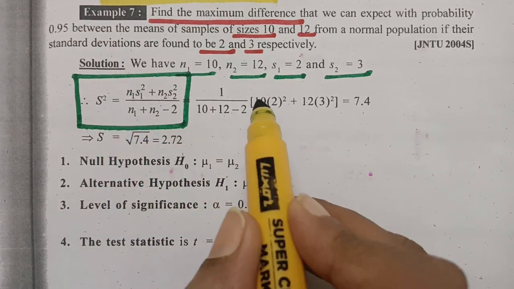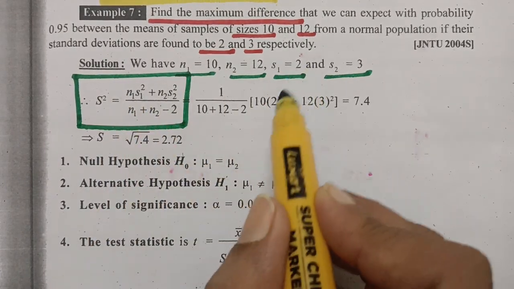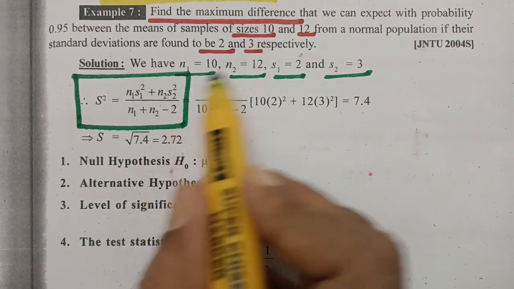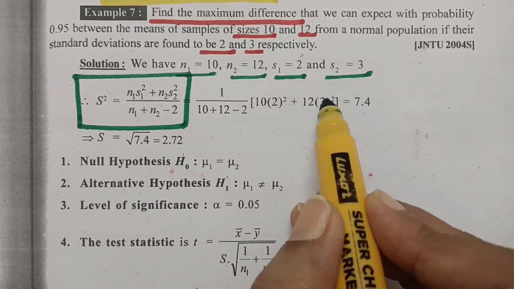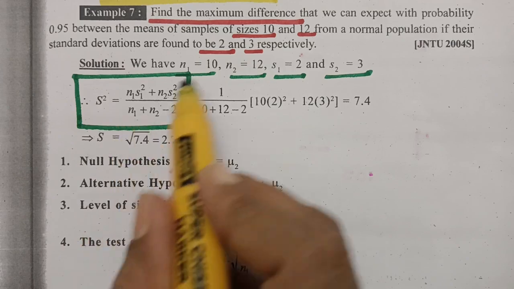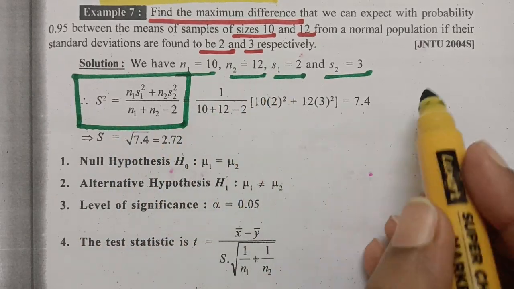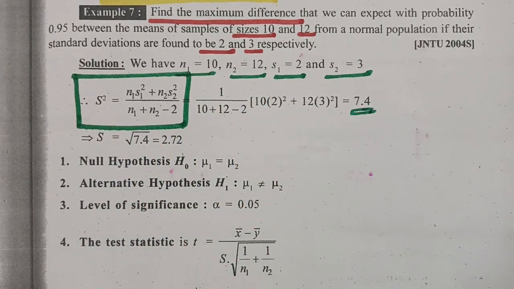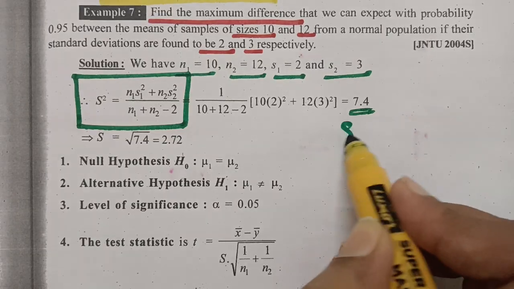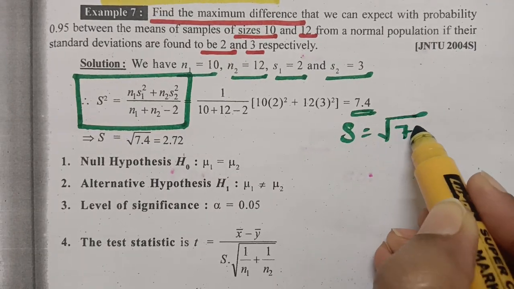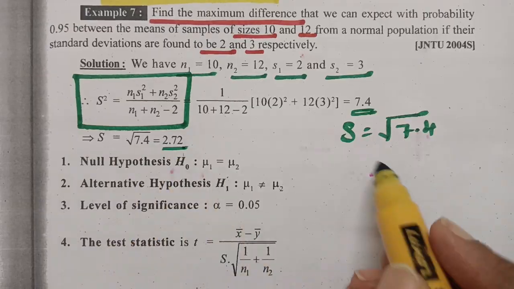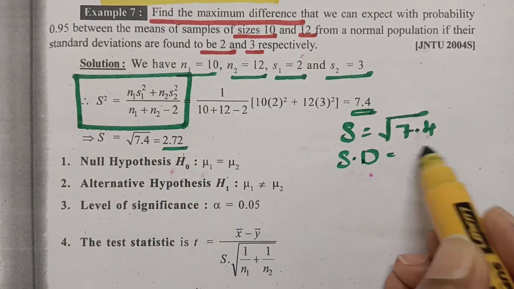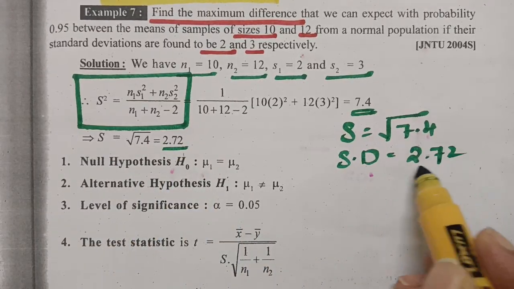What is n1 here? 10. What is s1? That is 2 square, plus n2 is 12 into s2 is 3 square, by n1 plus n2 minus 2, that is 10 plus 12 minus 2. The value here is 7.4. So S is equal to root over 7.4, which is equal to 2.73. The standard deviation is equal to 2.72.